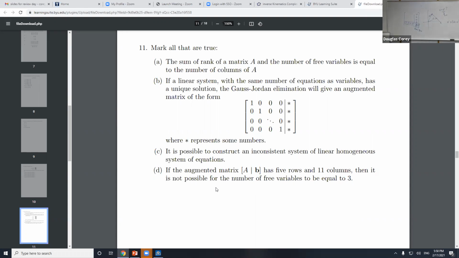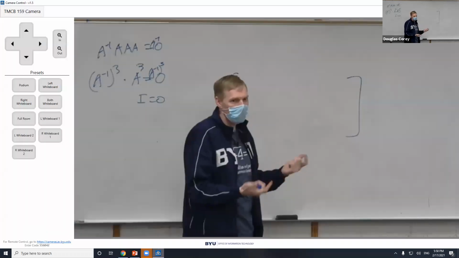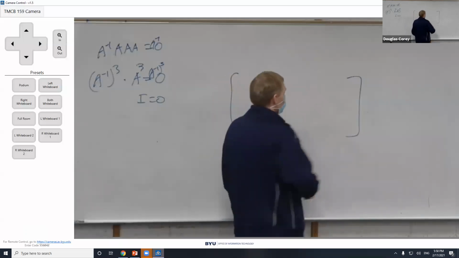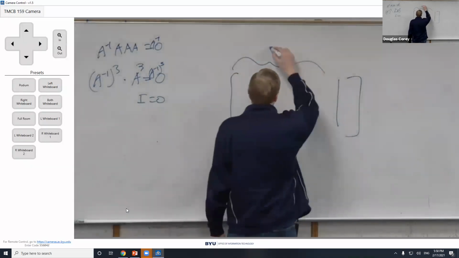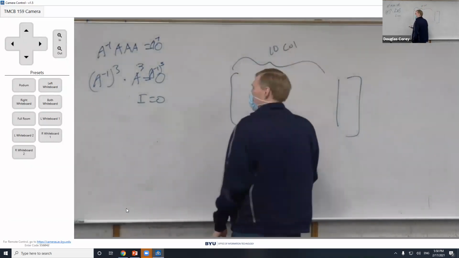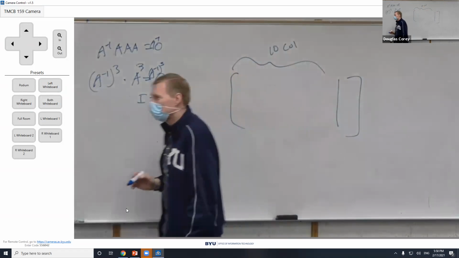So how to think about this? Well, you can think about this with the rank theorem, that all of your free variables and your pivot columns have to add up to the number of columns of the matrix. So if I have an augmented matrix here and I have 10 columns, and what did it say in the problem?